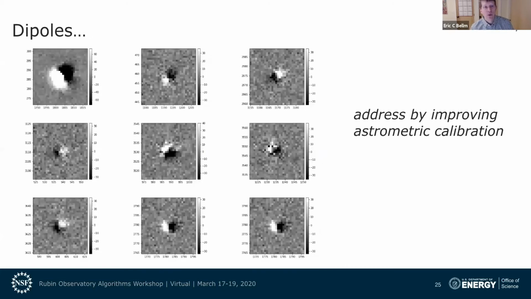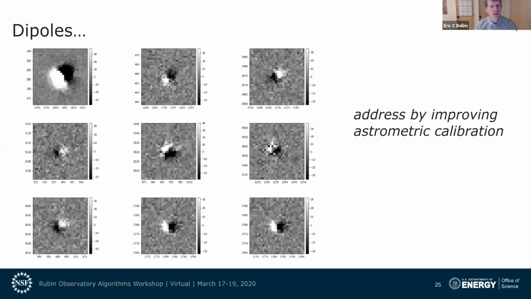There are plenty of dipoles, so that suggests our astrometric solutions are not as good as they could be. Recall again that this is for alert production, so we're not talking about using all of the machinery that DRP can do for really accurate astrometry. We have to sort of do as well as we can in that 60 seconds.